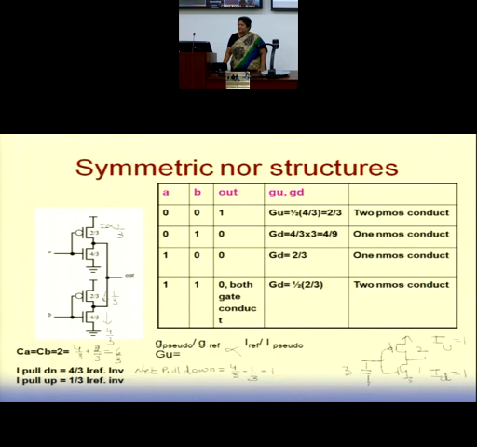I hope you all understand, because we have to look at the drive capability ratios of the two gates. How bad or how good is my gate in comparison to standard for pulling up and pulling down the drive. Clear? So if this example is clear, I can give you any symmetric logic gate.